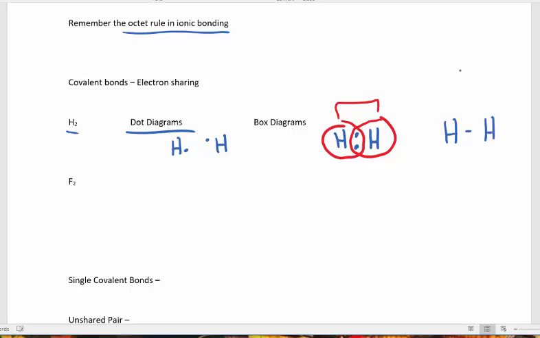So that line there represents a shared pair of electrons, which we are going to refer to as a single bond. If you have one shared pair of electrons, that's what we're going to call a single bond.